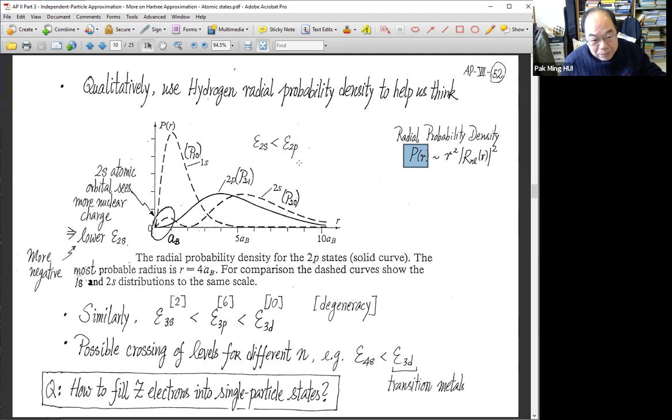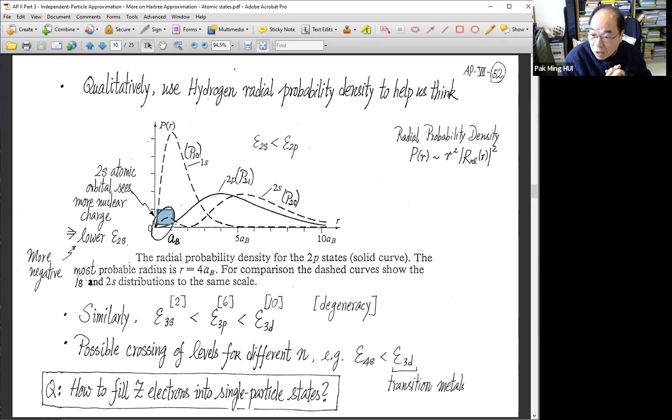So here I grab some hydrogen result. The big bump here is the 1s, not our concern. So 2s is this one. 2p is this one, the solid one. 2s is the dashed line down here. What I want to argue is that there is a bump closer to the nucleus, r equals 0, in the 2s wave function.